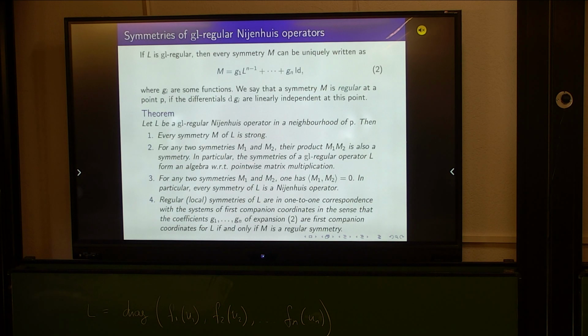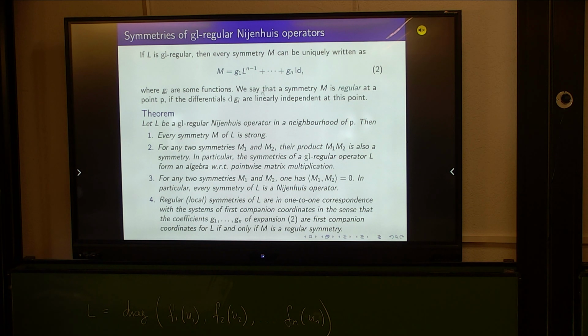Next, the symmetries for GL regular Nijenhuis operators. Again, I want to emphasize that we have in mind the situation of singular points where eigenvalues may collide or something bad may happen. But if we deal with a GL regular operator, then the following general theorem holds.